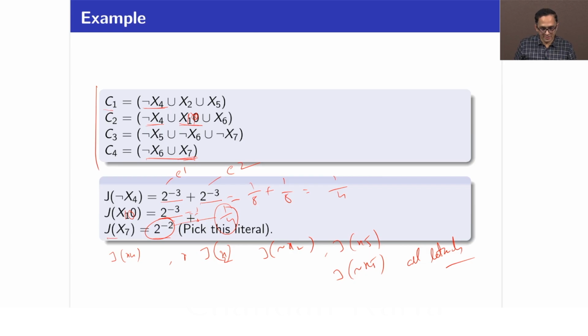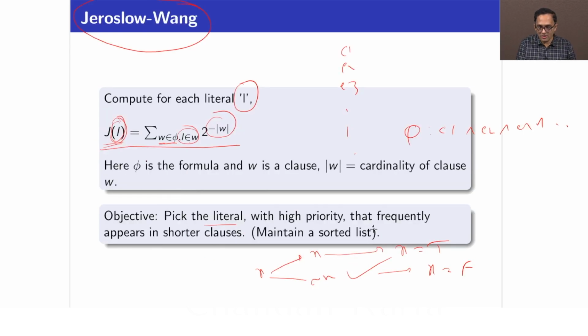It implies that first, if a literal occurs in many clauses, then you will get many such terms. So, that will favor the literal that occurs more frequently in the clauses. And why am I doing this 2 to the power minus omega? If a literal occurs in a smaller clause, it has more importance, right.